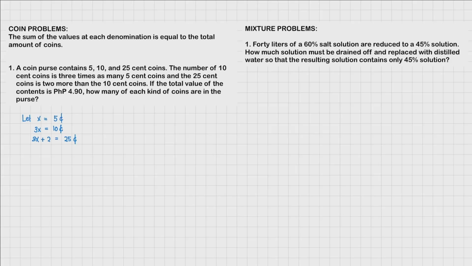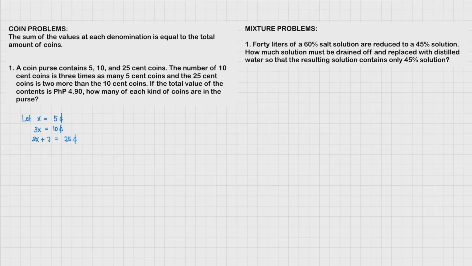Now, the equation would be based on the value of the 5-cent coin plus the value of the 10-cent coin plus the value of the 25-cent coin, which would be equal to 4.9 pesos.